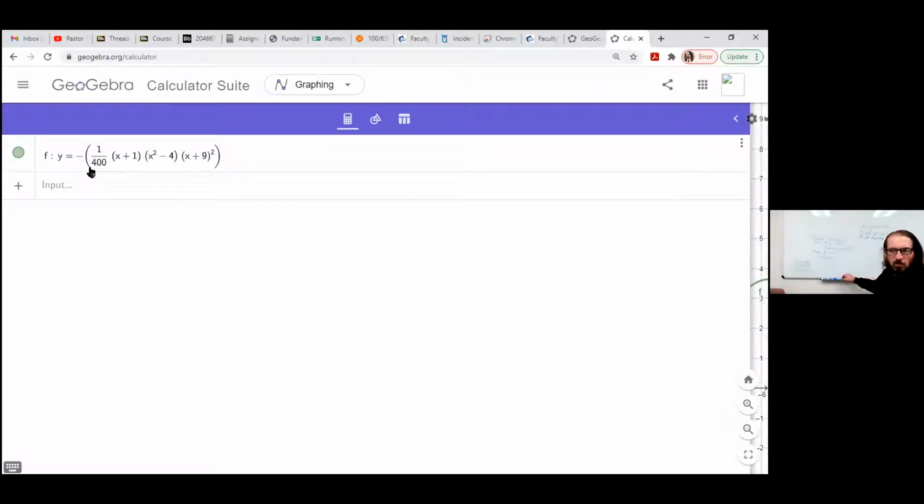Since this is in a factored form, we need to set x plus 1 equal to 0, x squared minus 9, x squared minus 4 equal to 0, and then the quantity x plus 9 squared equal to 0.